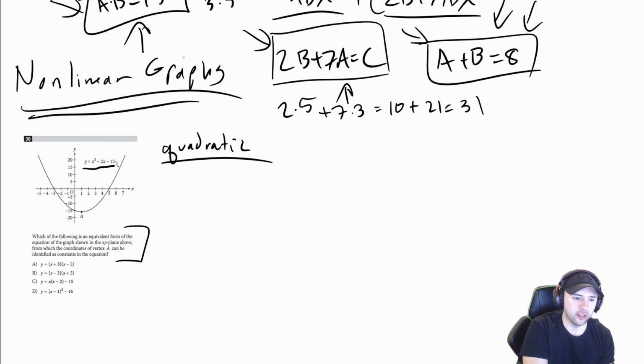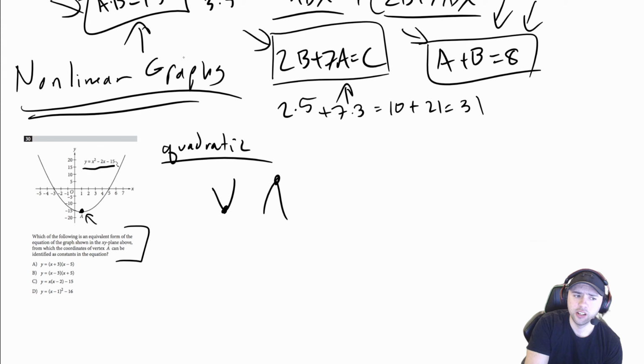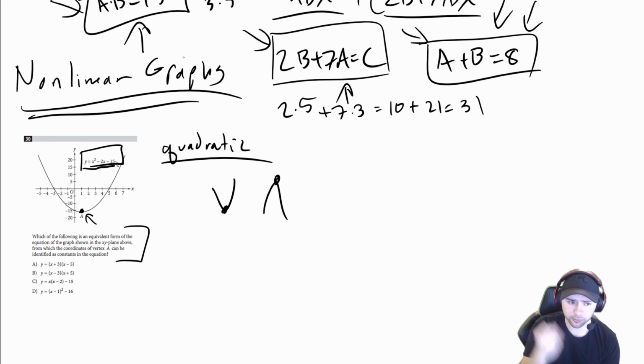So what we're talking about is there's this vertex point on the quadratic, which is either the bottom or the top of the quadratic, depending on if it's facing up or down. The vertex will be the minimum or maximum. And what we're looking for is an equation that's the same as this equation, but we can read the vertex from the equation. And what they're referring to here is vertex form.